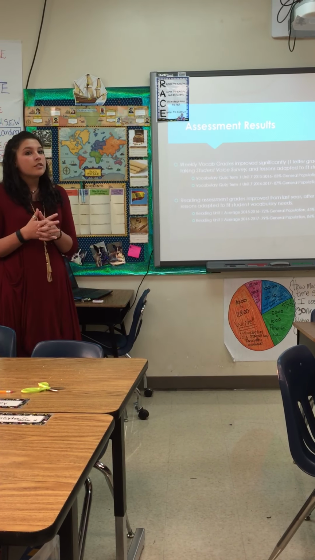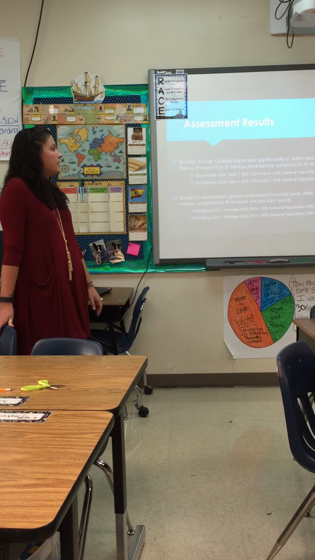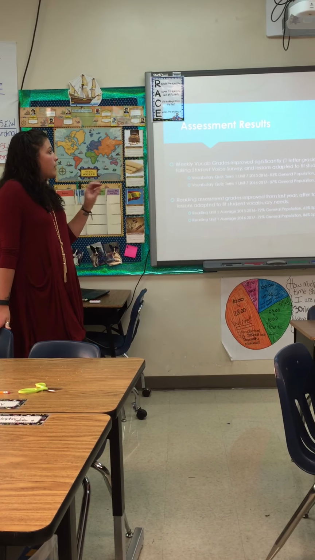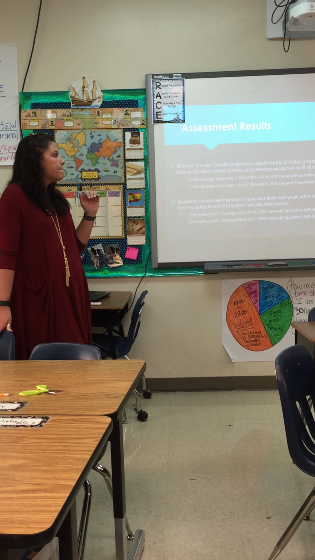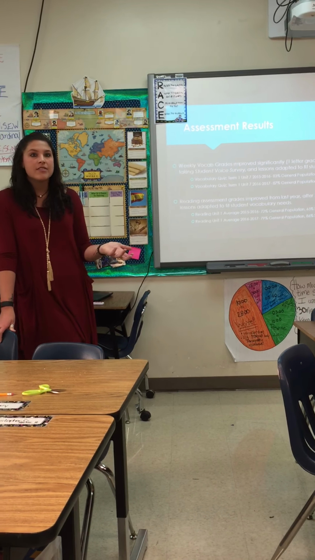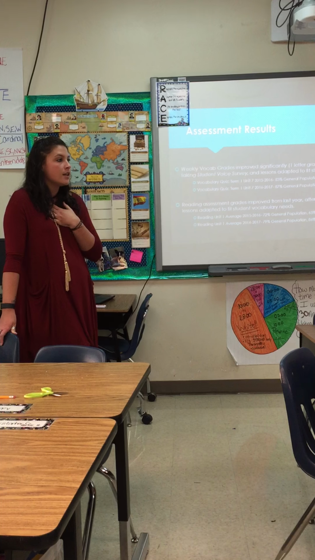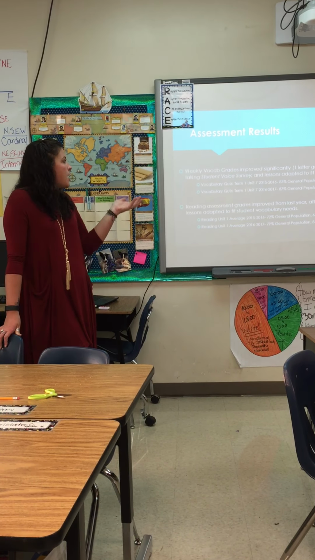My assessment results were very interesting to see. I was very excited to look at these. The vocab grades, the quiz grades improved significantly, on average 1 letter grade per student after taking the survey and adapting the lessons. So after I gave them the voice, changed my lessons on what they said would help them and based on the research.